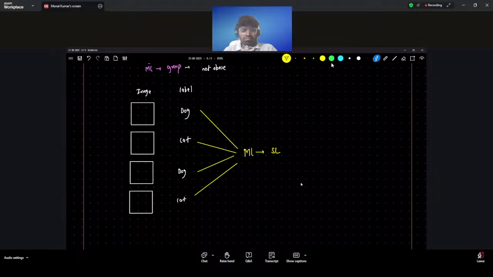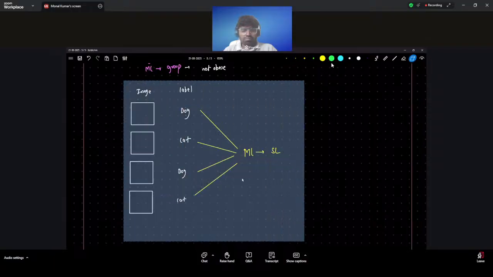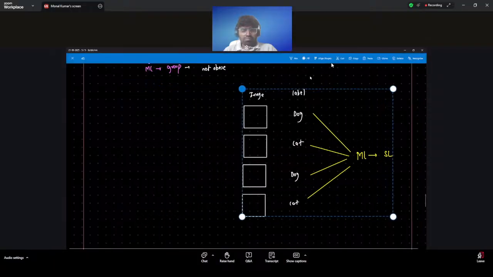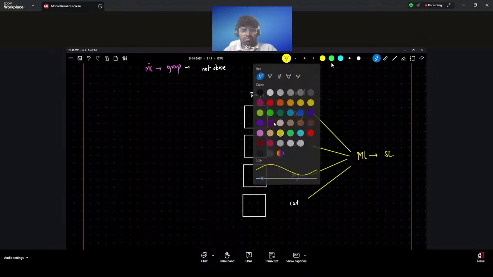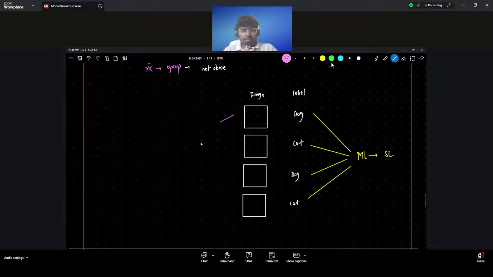But now let's suppose I will only pass the image. I don't know the label.